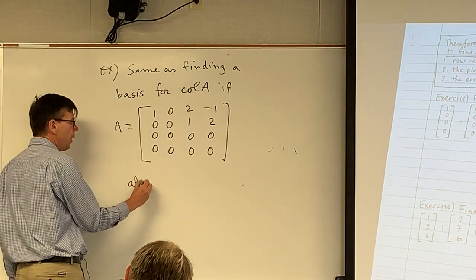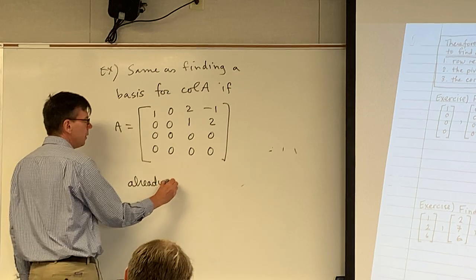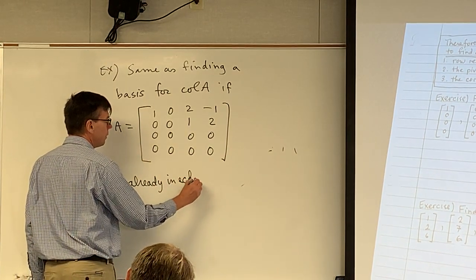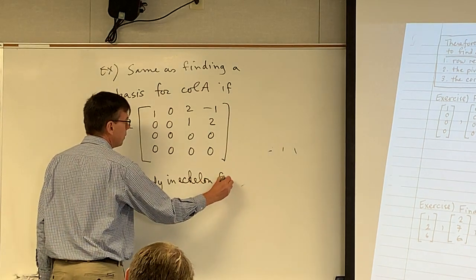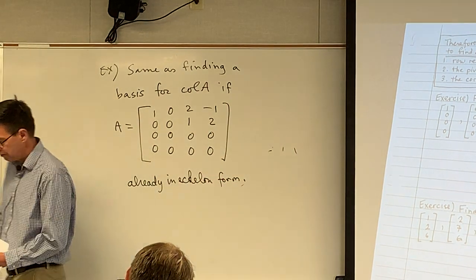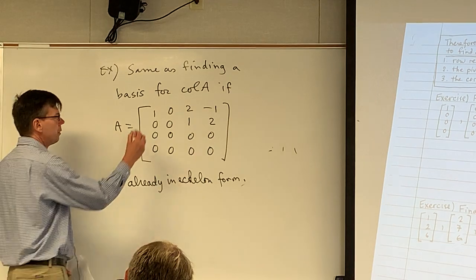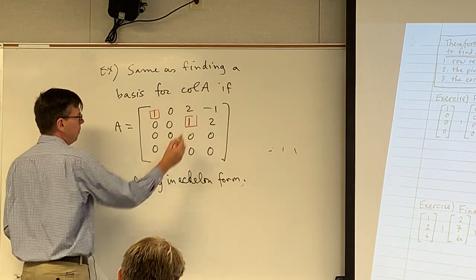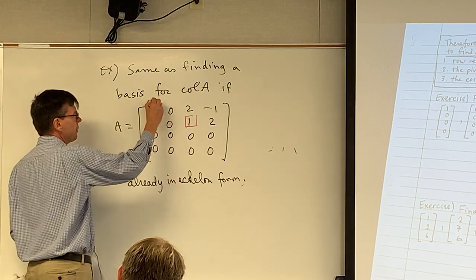Notice that this is already in echelon form. And we have 2 pivot columns, right?